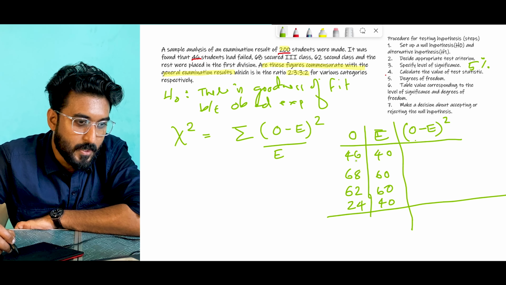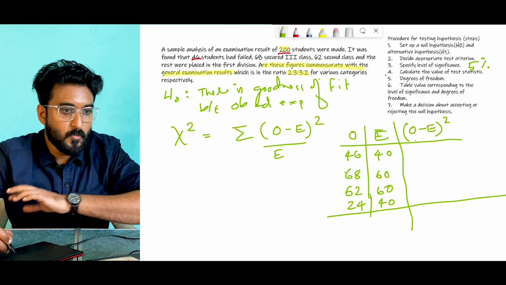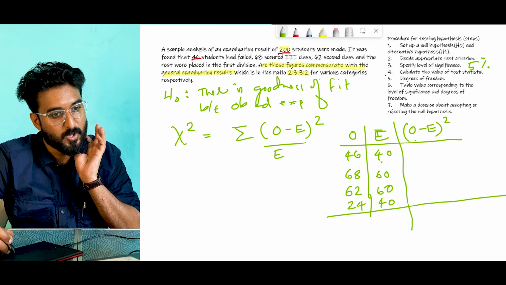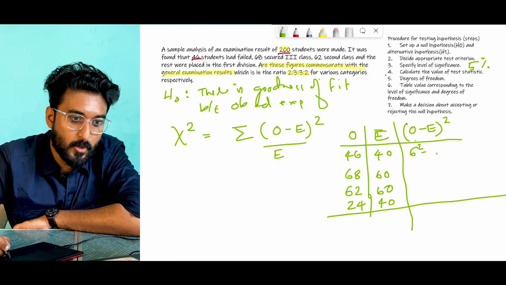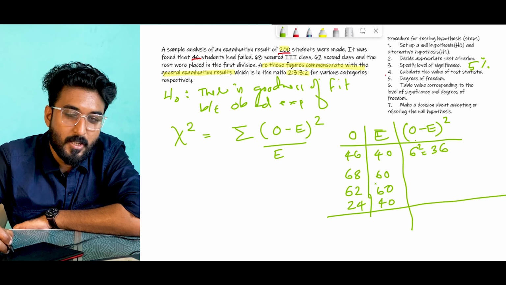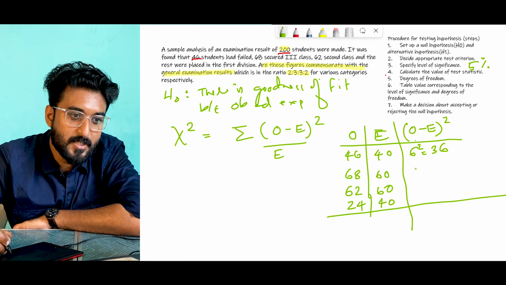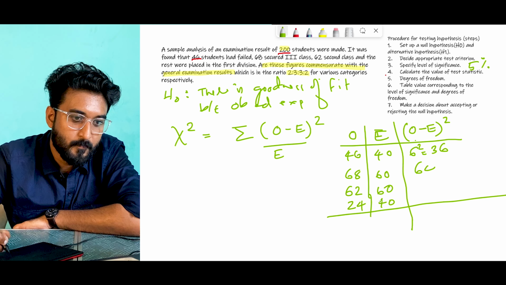So O minus E: 46 minus 40 is 6, and 6 square is equal to 36. Clear. Similarly, 68 minus 60 is 8, and 8 square is 64.